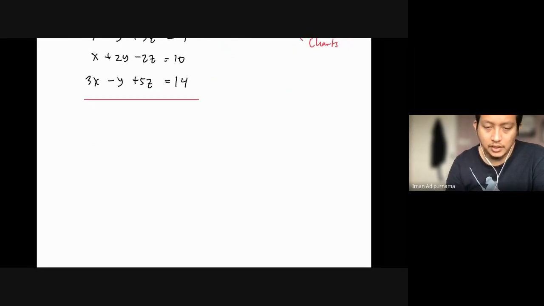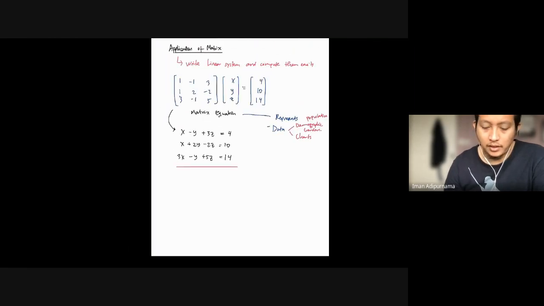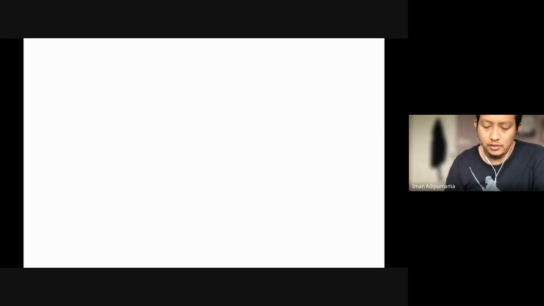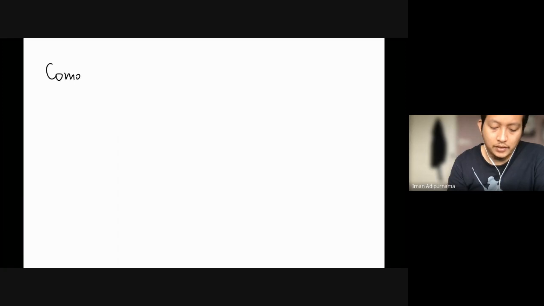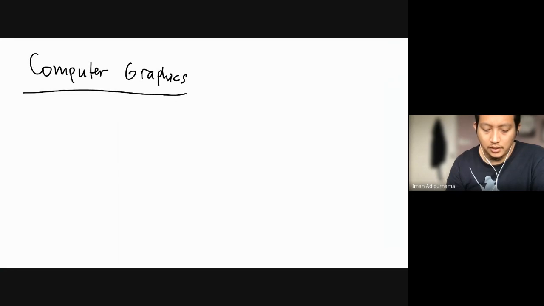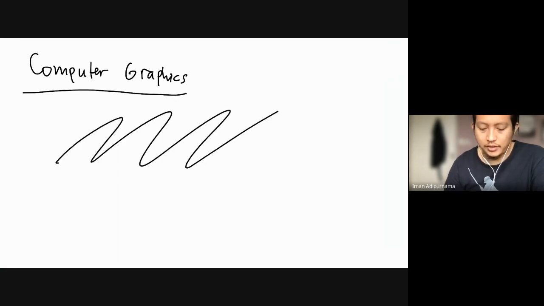Another application, which I think is more related to current technology, is computer graphics. Like my notes here, if you look, I can write a line like this and draw a circle like that.